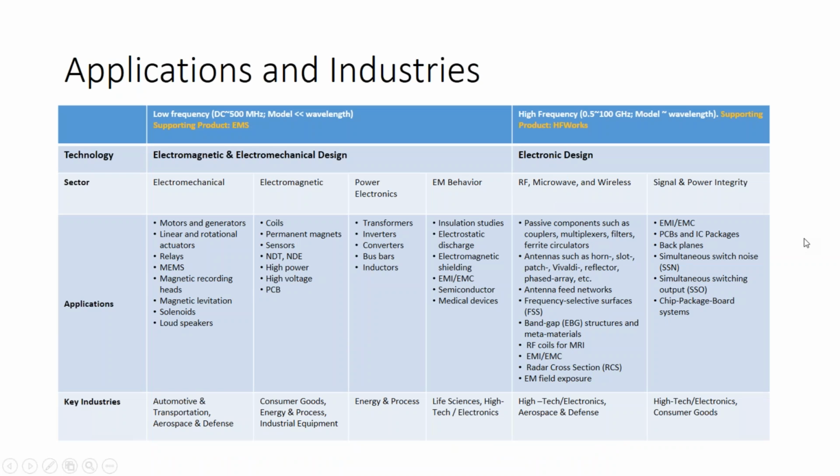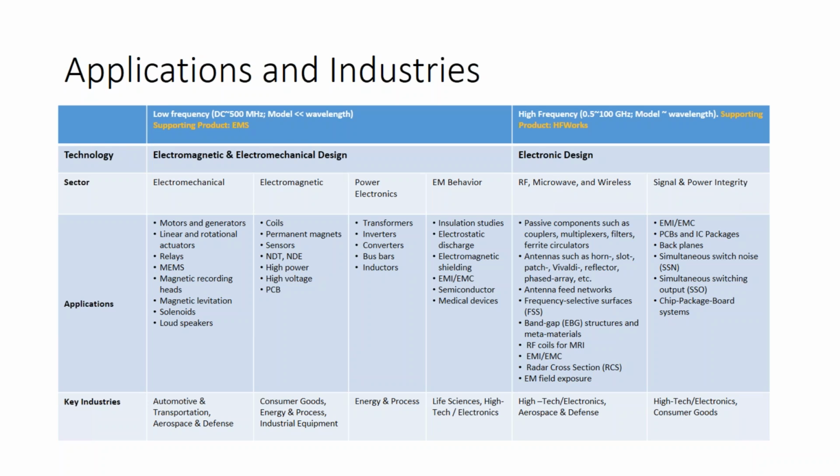Now I noticed that we probably covered a very small segment of the applications that EMS can do. This is a general slide. I'm just going to keep it up for your interest, not going to read through all of them. This tells you all the applications and industries that EMS and HFWorks can tackle.